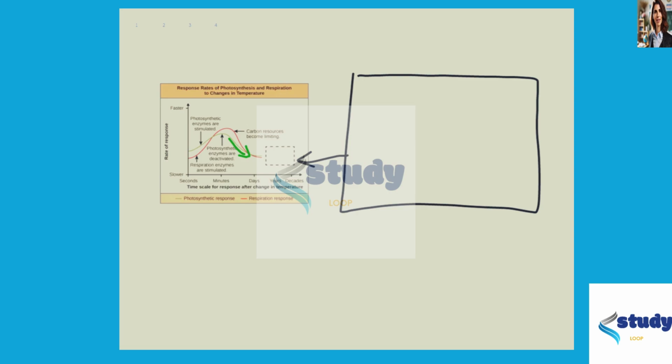And same with the respiration. Respiration initially goes up and eventually decreases. And so there's this little area here in the center where our respiration rate is higher than our photosynthesis rate. And that happens, if you recall, in the previous slide where we had that decrease in photosynthesis and that increase in respiration.